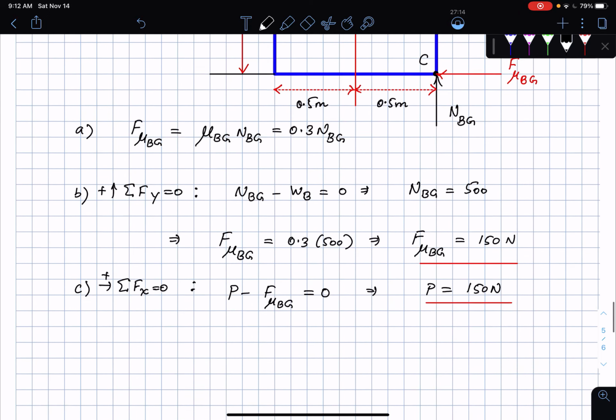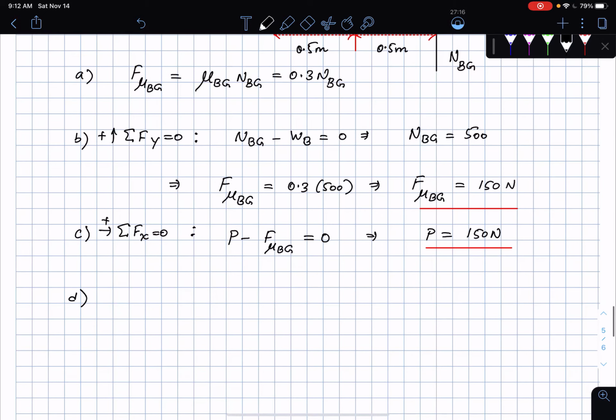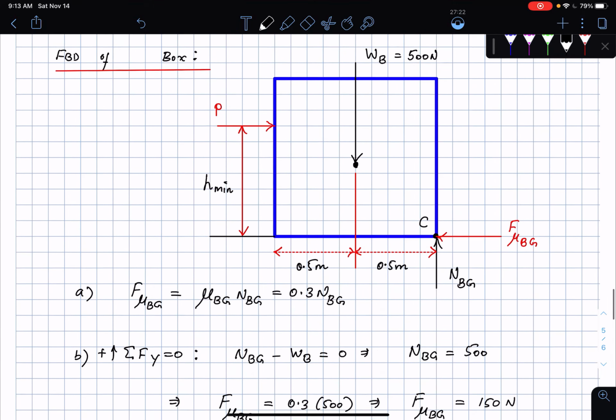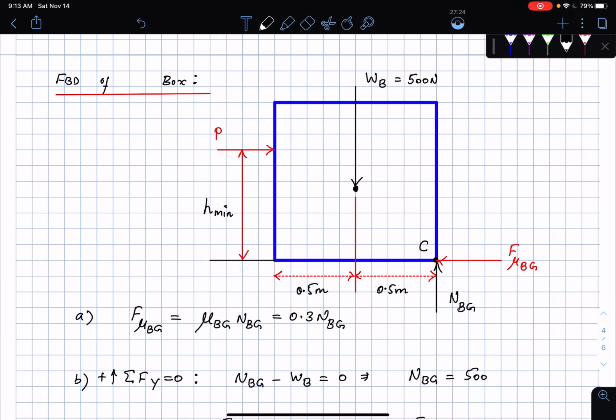Okay, look at that. So I'm going to sum moments about the point C and then set that equal to 0. What are going to be the moments about point C? Force P times the distance of H minimum clockwise. WB times the distance of 0.5 meters counterclockwise. And that's about it.